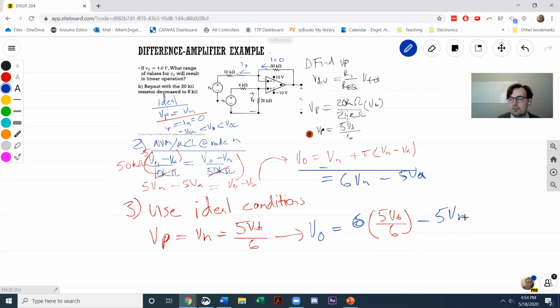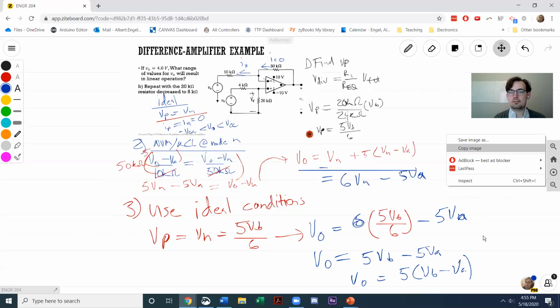Vn, this should be Va here. And I can say, hey, this just looks like 5/5 Vb minus 5 Va, or V naught is 5 times Vb minus Va. And what I've gotten here is I now know my gain for this particular amplifier circuit, right?